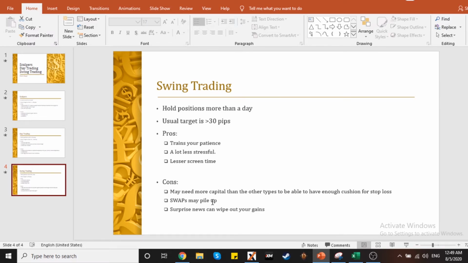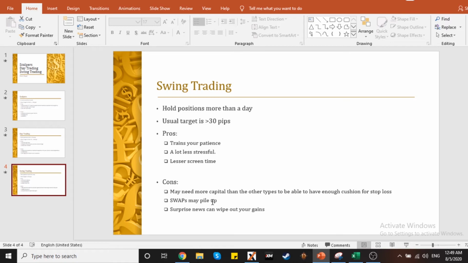This is our last type of trader for today. So swing traders, unlike the scalpers and the day traders, they hold positions more than a day. Sometimes it takes weeks, sometimes months, right? A usual target for swing traders is more than 30 pips, sometimes more than 50 pips.